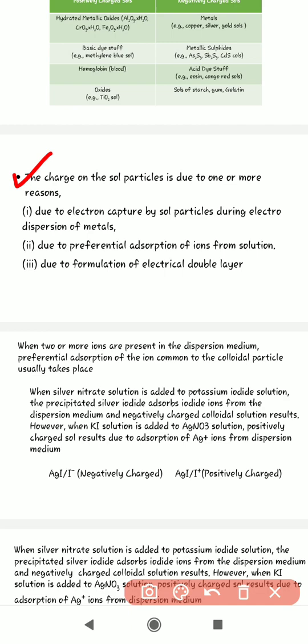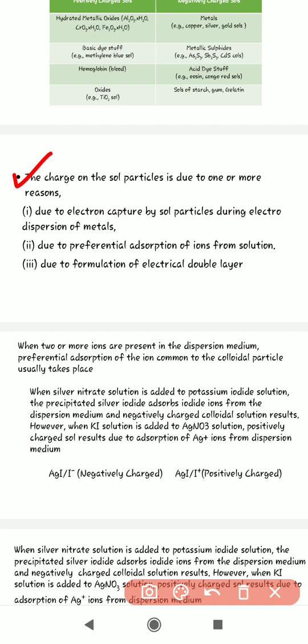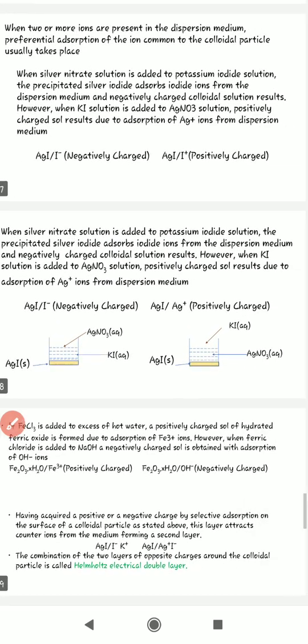So because of these three reasons, colloidal sol particles exhibit positive as well as negative charges. Let us see some examples.